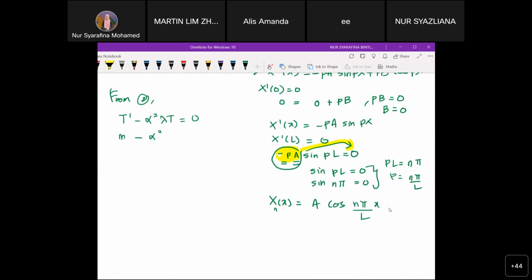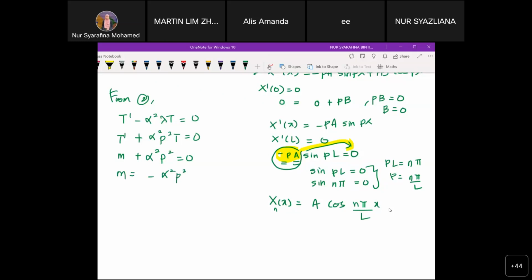Lambda is negative p squared. So characteristic equation will give you m plus alpha squared p squared equals 0. So m equals negative alpha squared p squared.